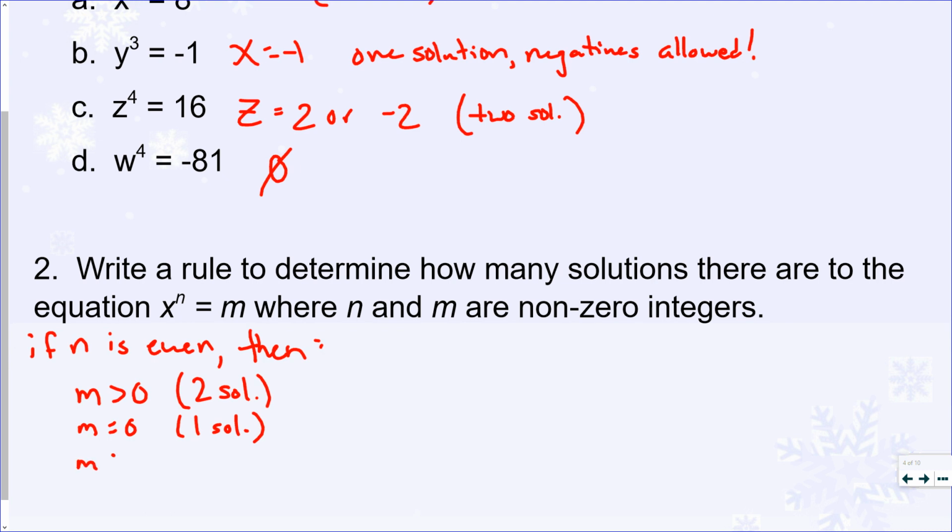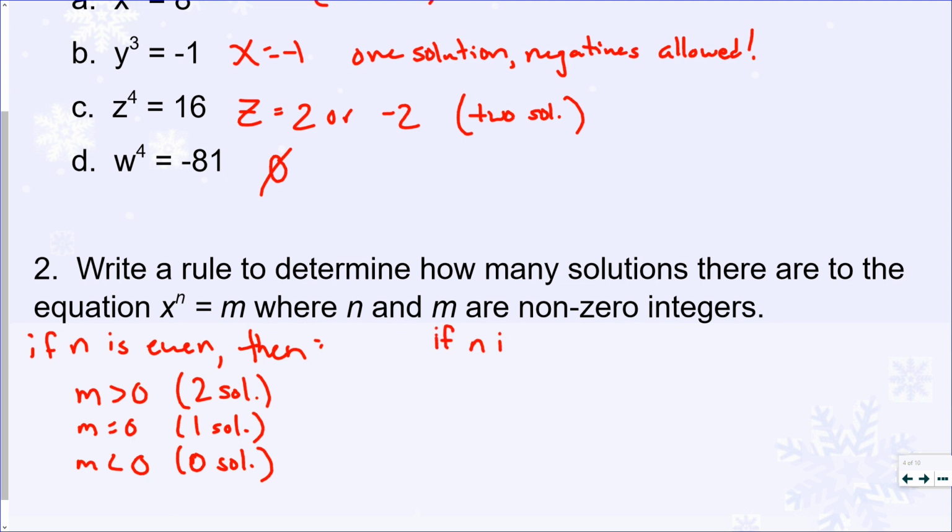And if m is less than 0, no solutions. And that's because you cannot have an even power come out to a negative answer. I probably could have typed that a little bit better than writing it, but I have it written down there. Hope that's easy enough to follow.